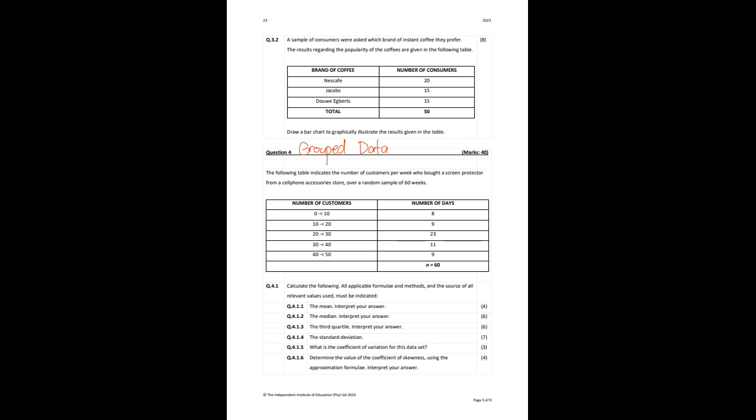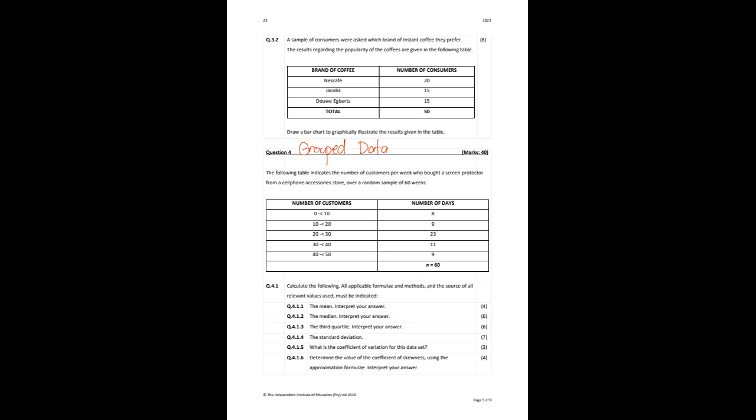So they've given you the information in the table. If you look at the columns, you have the number of customers in the first column, and they have categories, or rather intervals, that go from 0 to less than 10 customers, which technically means 0 up until 9.